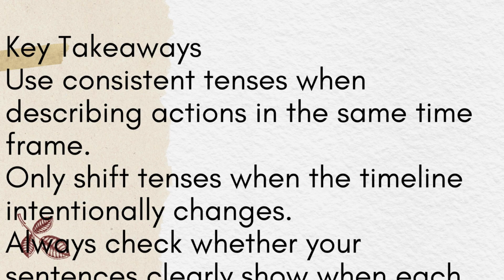Check whether your sentences clearly show when each action happens in a specific timeline. Again, that's what I mentioned a while ago. Clear verb tense is equivalent to clear communication. Our main goal here is to avoid confusion. Okay?